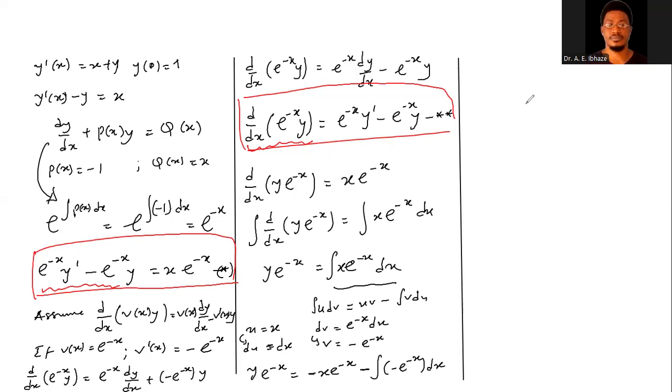So that y e to the minus x will be the same as minus x e to the minus x plus, minus times minus, the integral of e to the minus x dx. So this, once again, will be the same as minus x e to the minus x. So once we integrate this, that will be minus e to the minus x, plus the constant c.